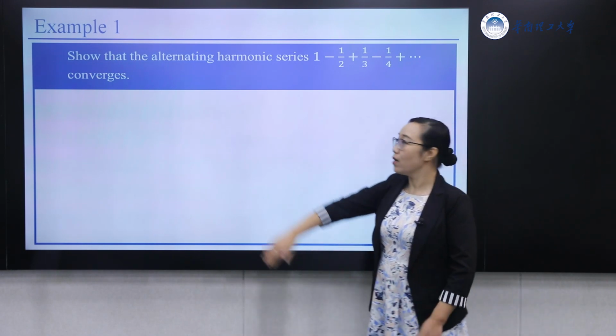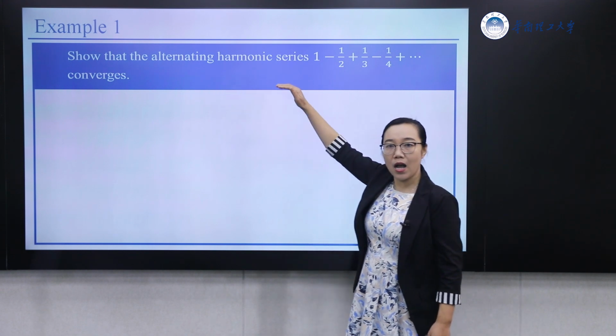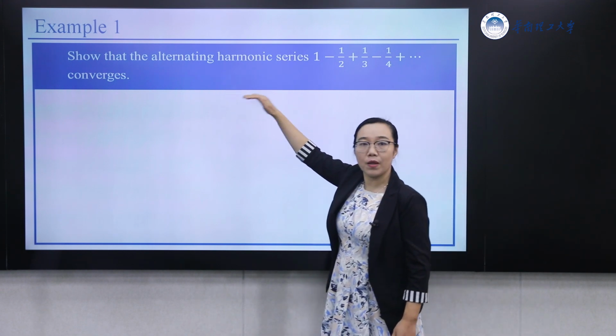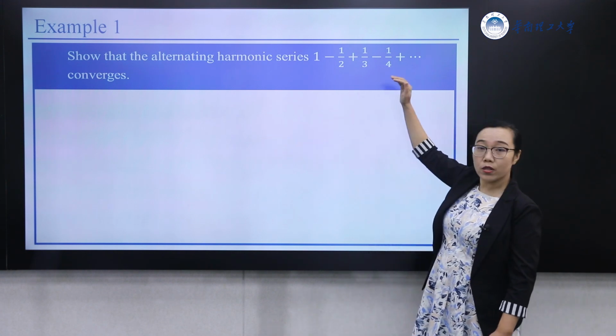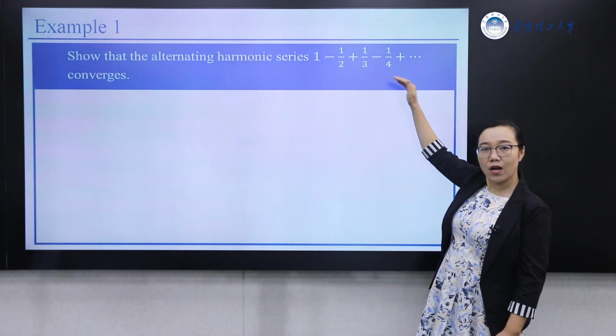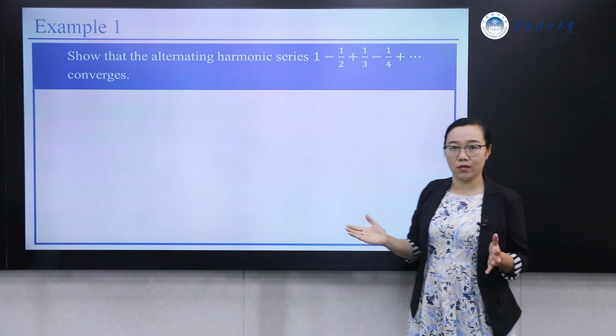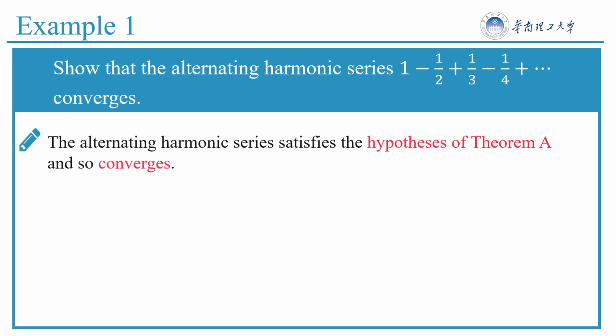Next, let's look at example 1. Show that the alternating harmonic series 1 minus 1/2 plus 1/3 minus 1/4 converges. We can analyze the problem. If the alternating harmonic series satisfies the hypothesis of theorem A, then it converges.